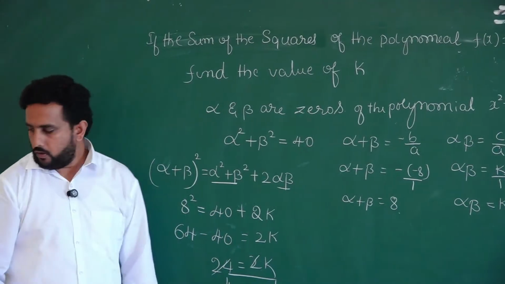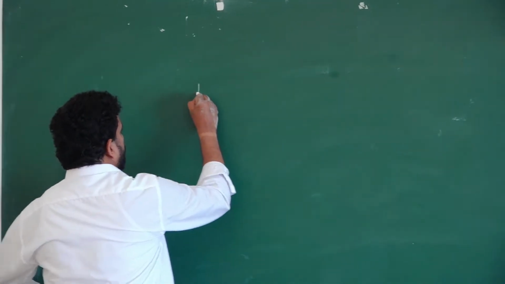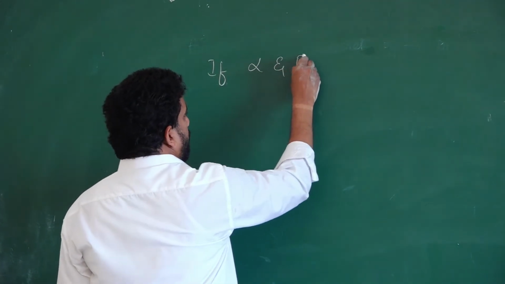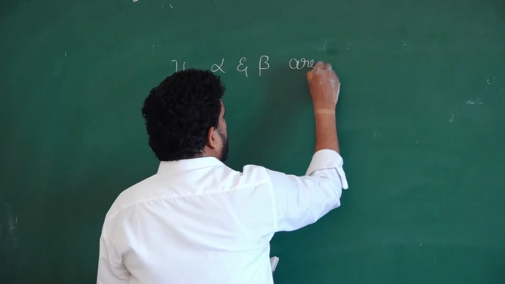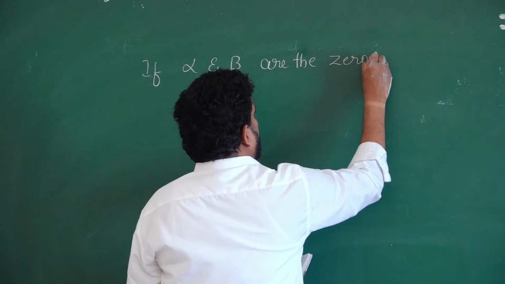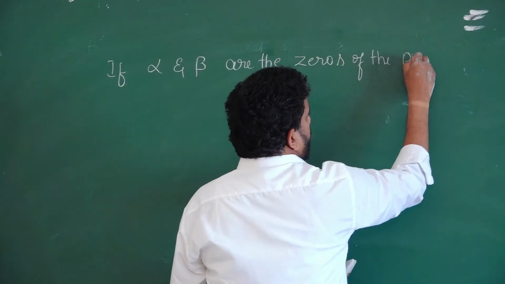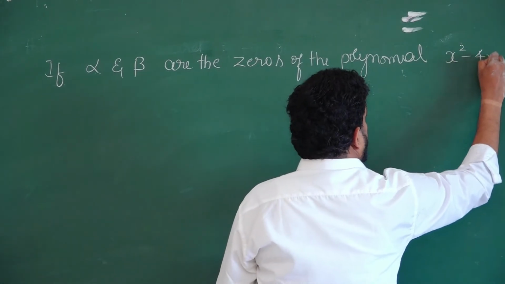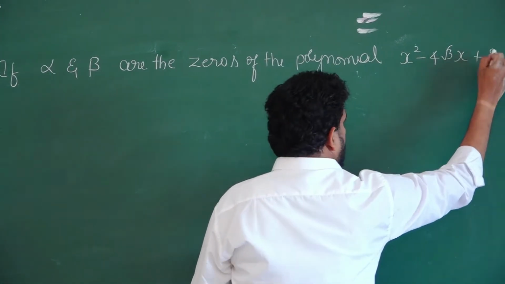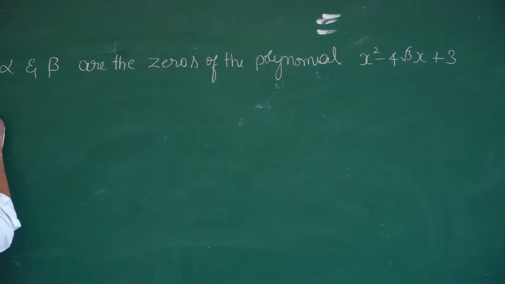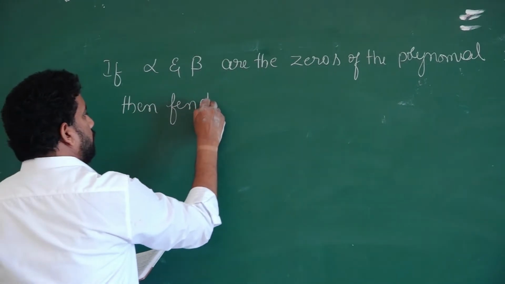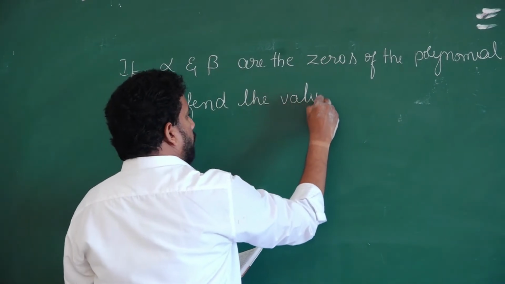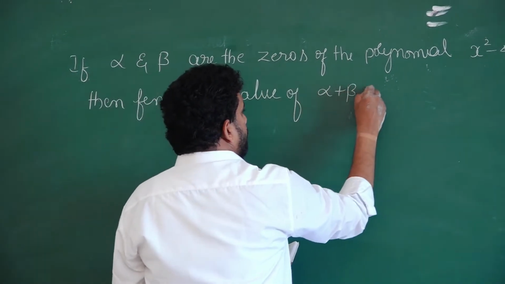Okay, so like that we have another type of question, that is: if alpha and beta are the zeros of the polynomial x square minus 4 root 3 x plus 3, then find the value of alpha plus beta minus alpha beta.